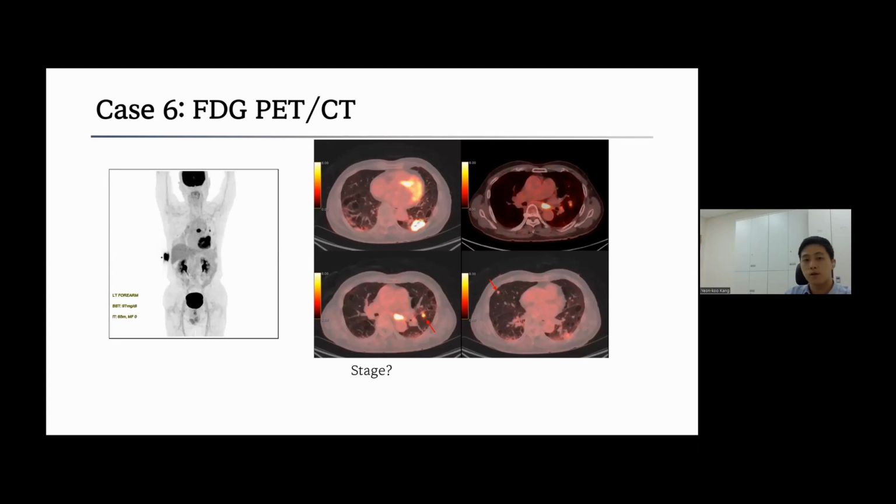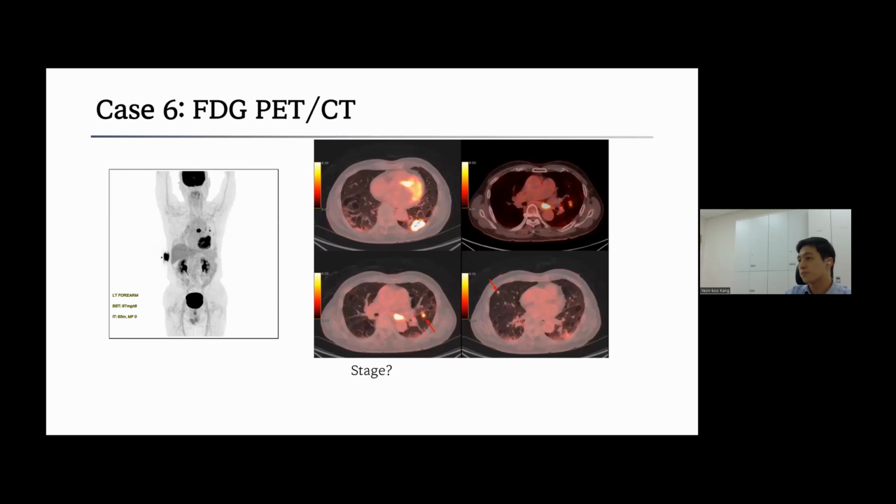Radioactivity outside the body on the right side of the abdomen is contamination. It's radioactive contamination.